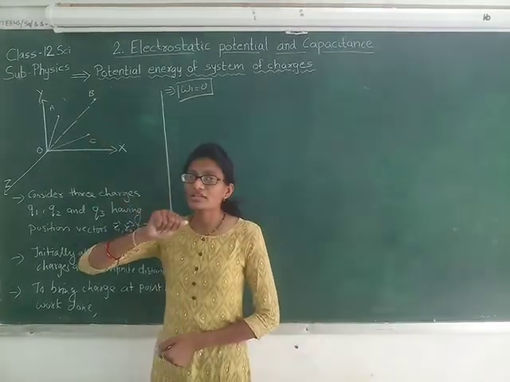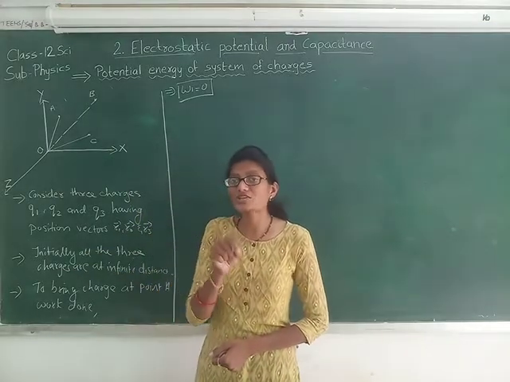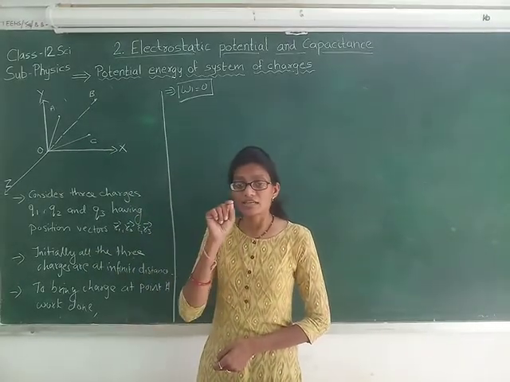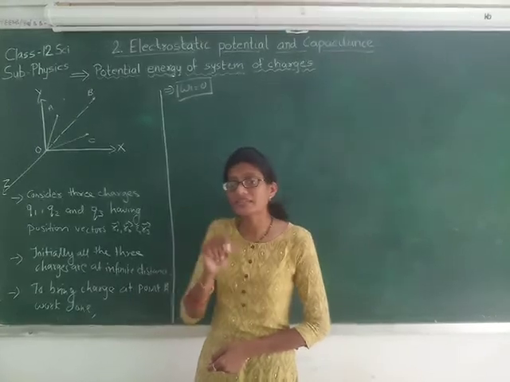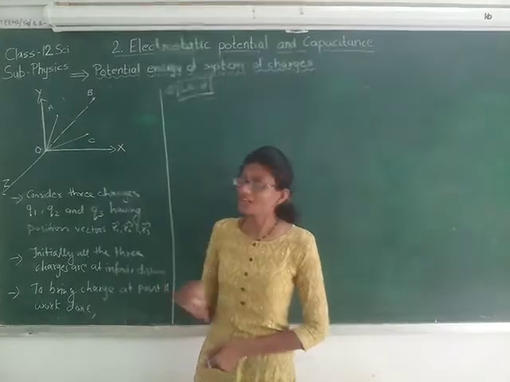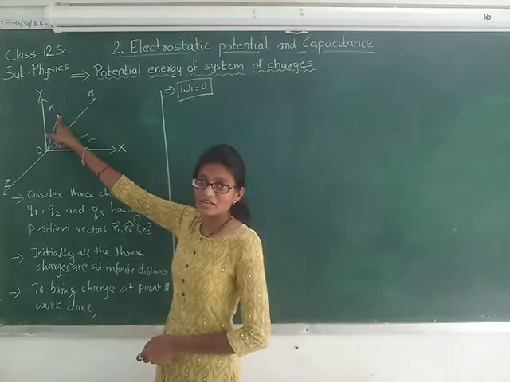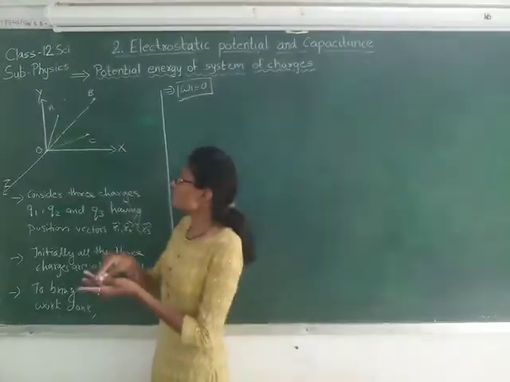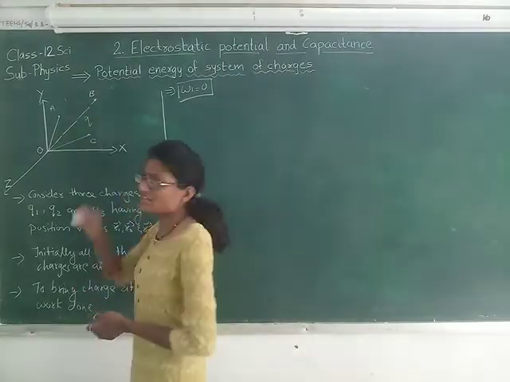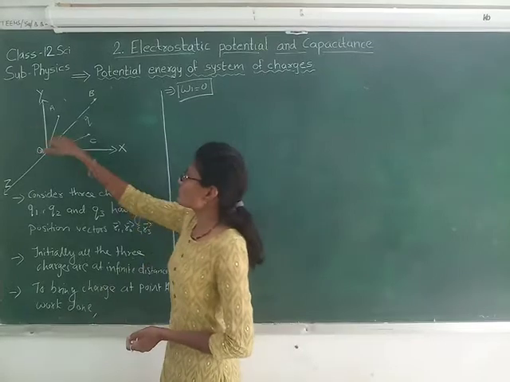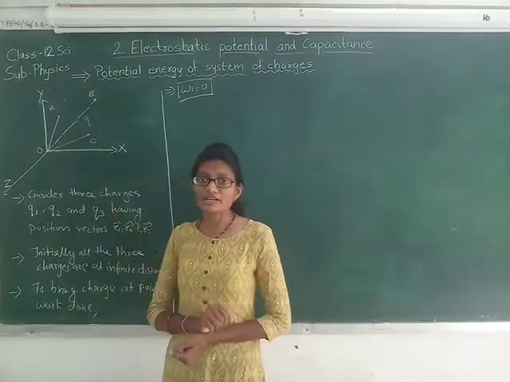What we are doing over here, potential energy is what? Potential energy is the work done against the electric field, right? Because suppose here we are having electric field, right? Suppose we are having any random charge over here. Because of this charge, electric field is produced around that.